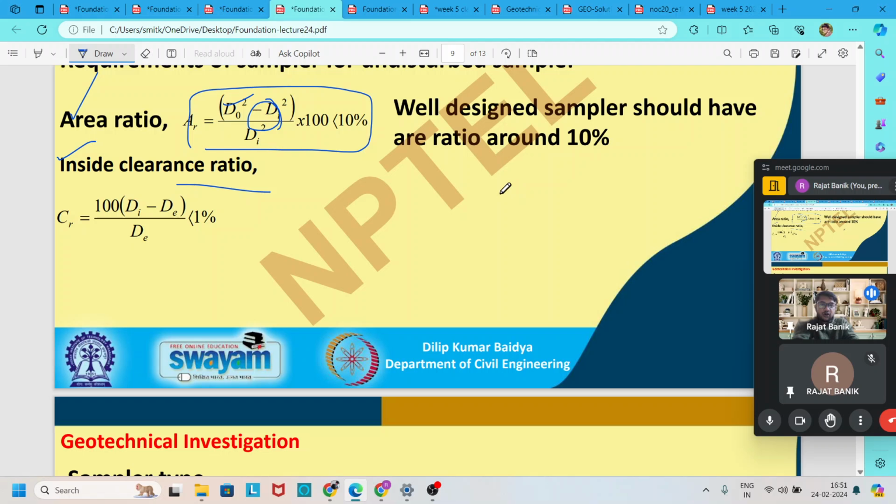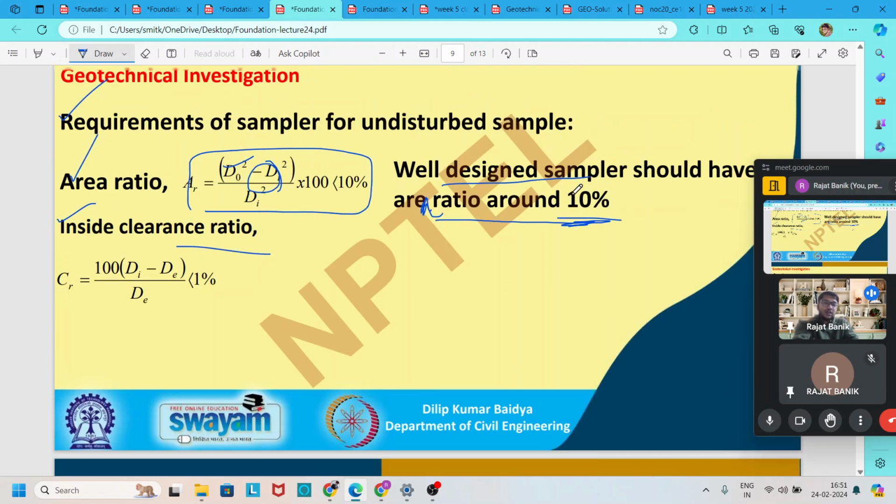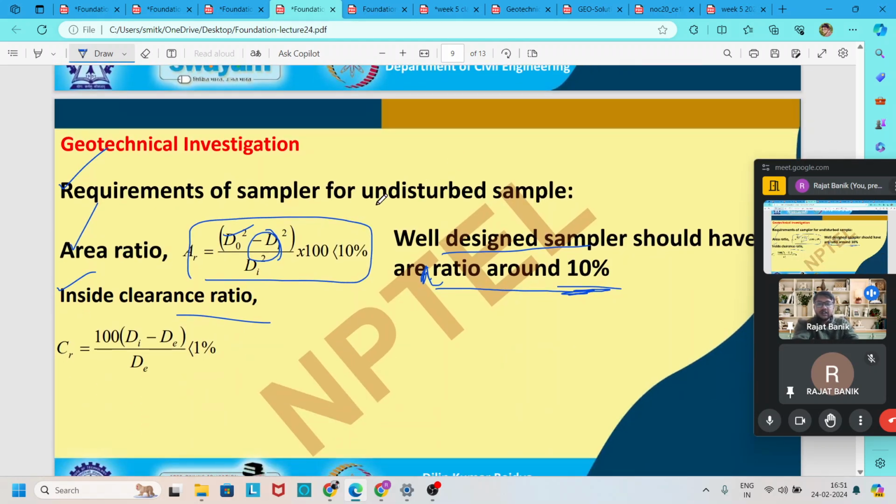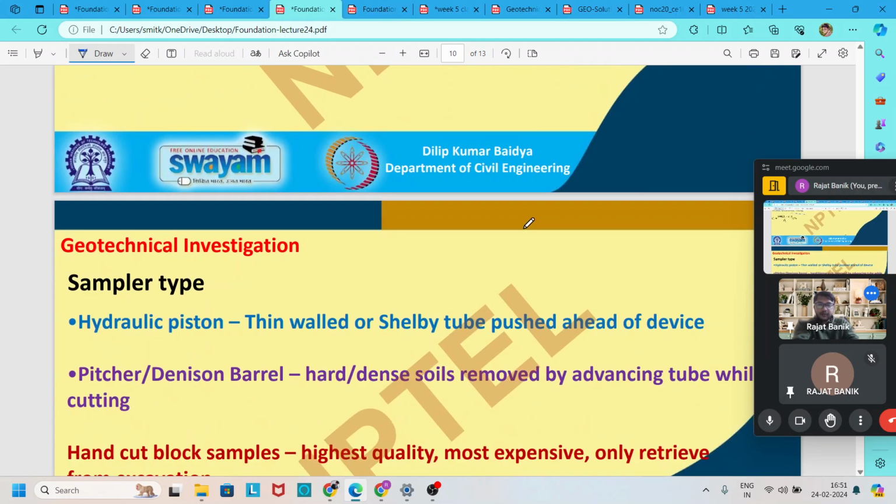For a well designed sampler, the area ratio should be less than 10%. It is area ratio, not R. The area ratio should be 10% or less for an undisturbed sample.